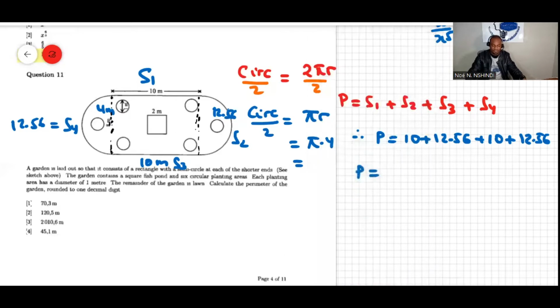So we got 45.12 meters. Now, because the question says to calculate the perimeter of the garden rounded to one decimal place, we must look at the second decimal place. The second decimal digit is smaller than 5, so we just ignore it. So the answer would be 45.1 meters, which is alternative 4.